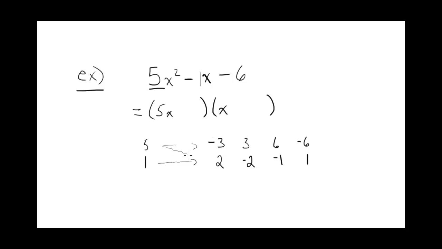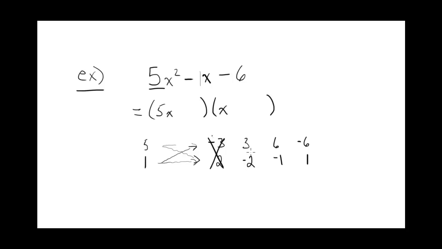But I could also do 5 times 2 and 1 times negative 3. Well, what's 5 times 2? 10. 1 times negative 3, negative 3. If I add those, I get 7, not negative 1. So this pair doesn't work. Now you're going to try this pair. 5 times 3, 15. 1 times negative 2, negative 2.